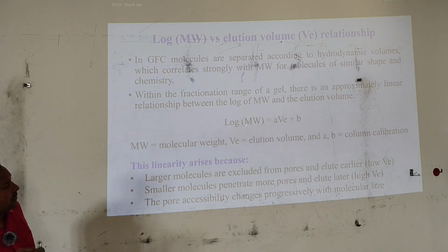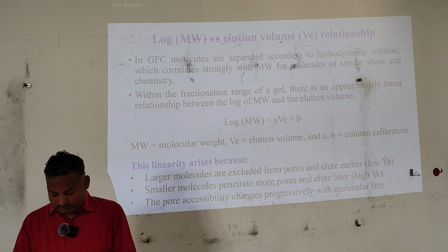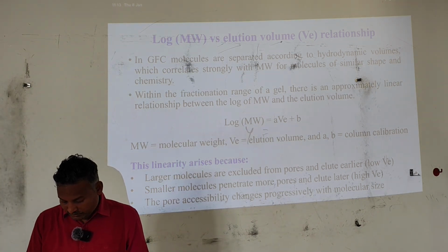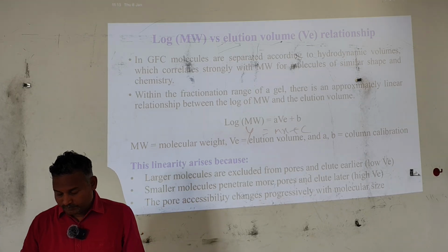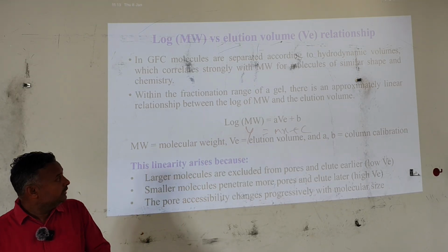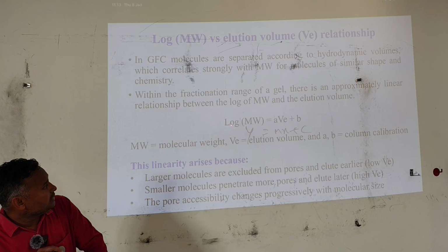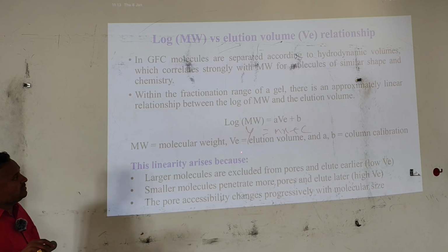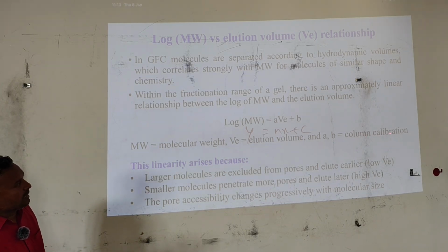Here the y coordinate is the logarithm of molecular weight, x is the elution volume, a is the slope and b is the intercept. a and b are column calibration parameters.